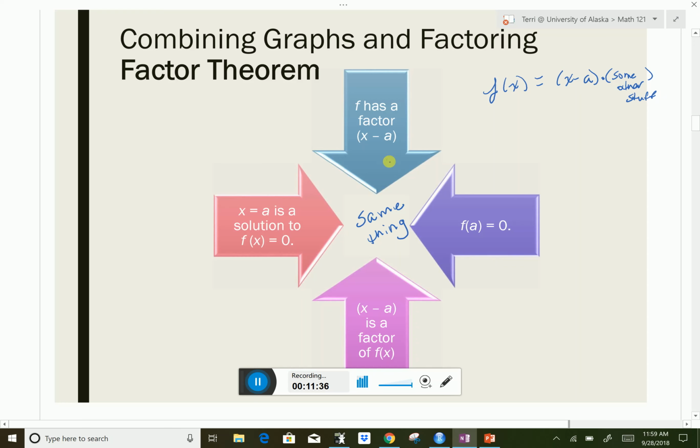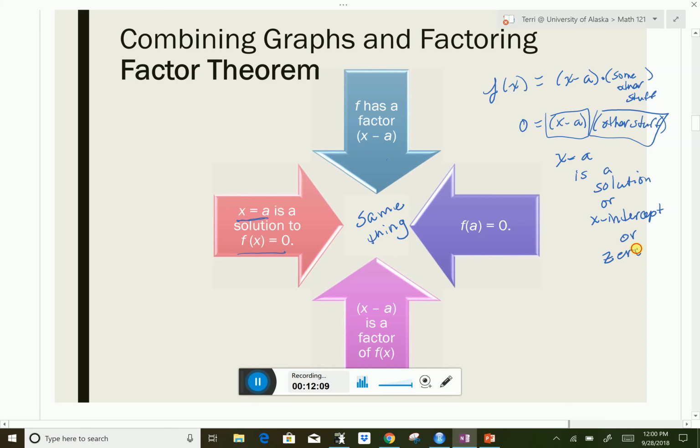that is the same thing as saying x equals a is a solution to f of x equals 0. Because if this is 0, then either the other stuff is equal to 0 or x minus a is equal to 0, which would mean x equals a is a solution, or an x-intercept, or a 0.